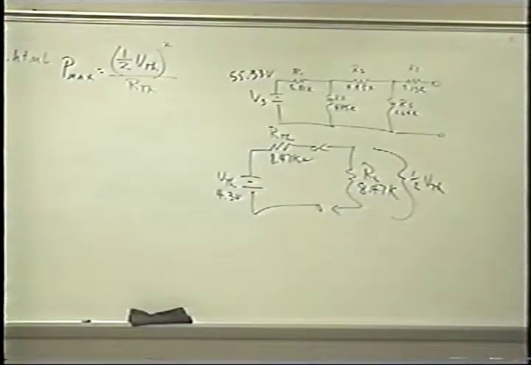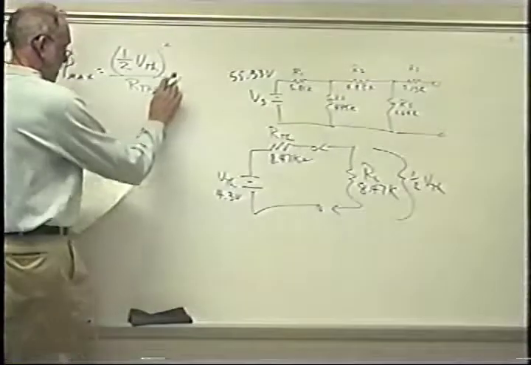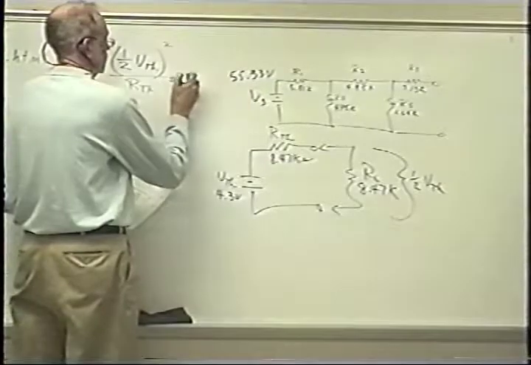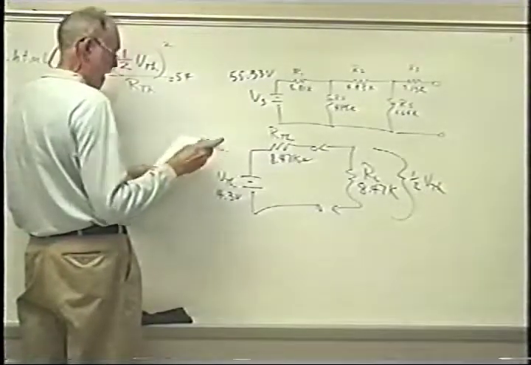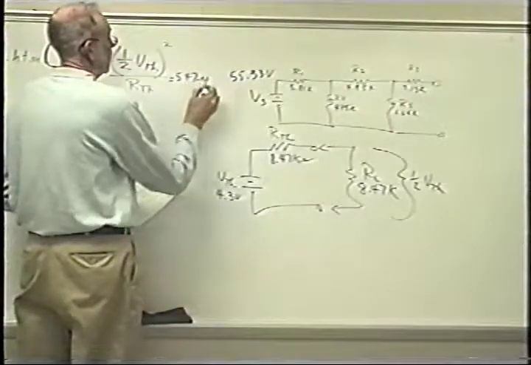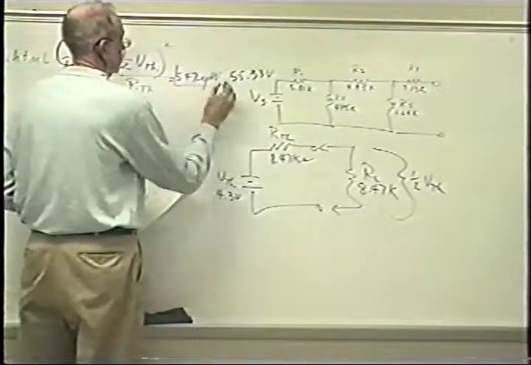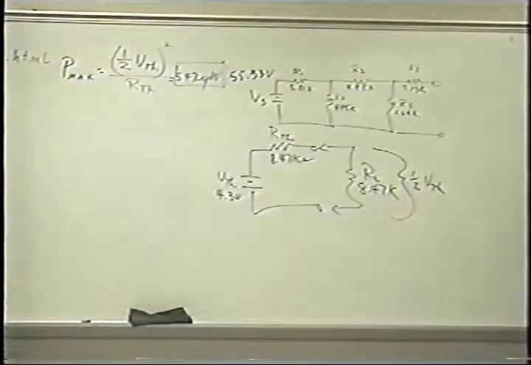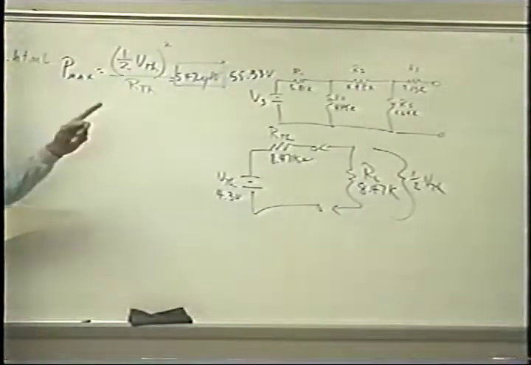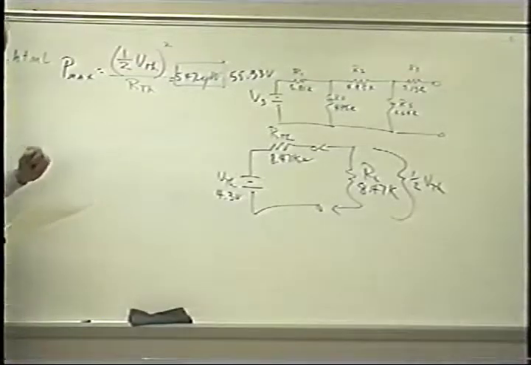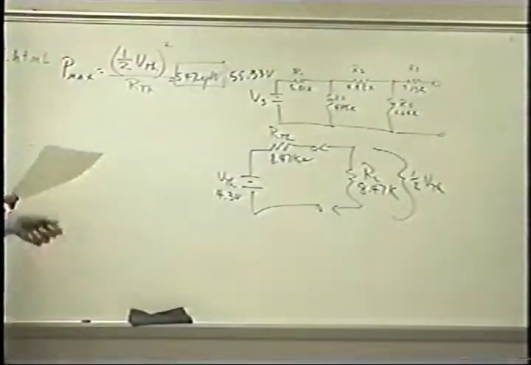Now then, in this case, that turns out to be 547 microwatts. 547 microwatts is the maximum power this circuit can deliver. And it will always deliver that amount of power when the load is equal to the source resistance. In this case, the source resistance again is RTH.